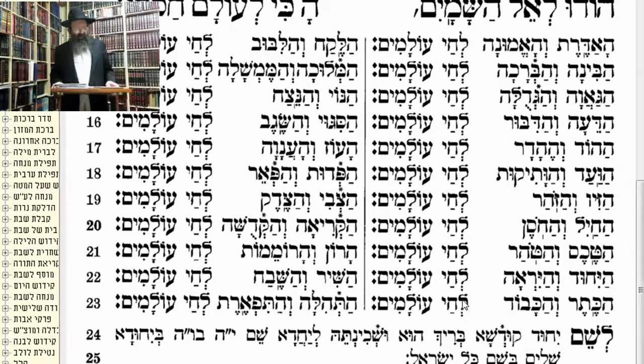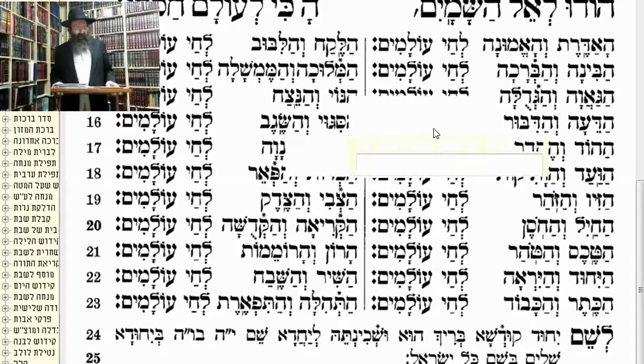All right, looking at these 22 letters of Hadras Vehemuna, do you notice anything different with the first letters? Have you noticed that it has here ho'ois and ho'aderes?